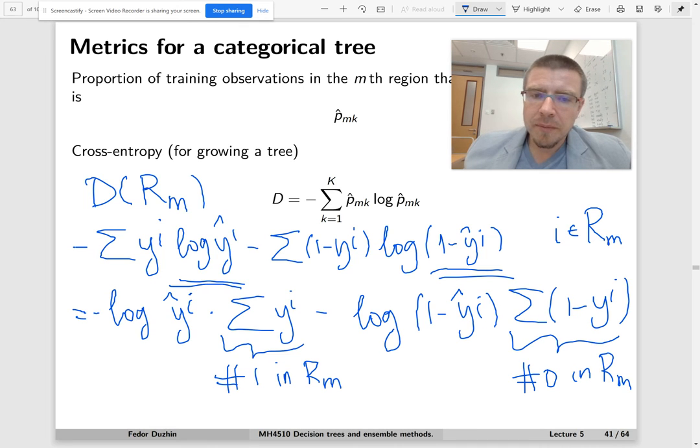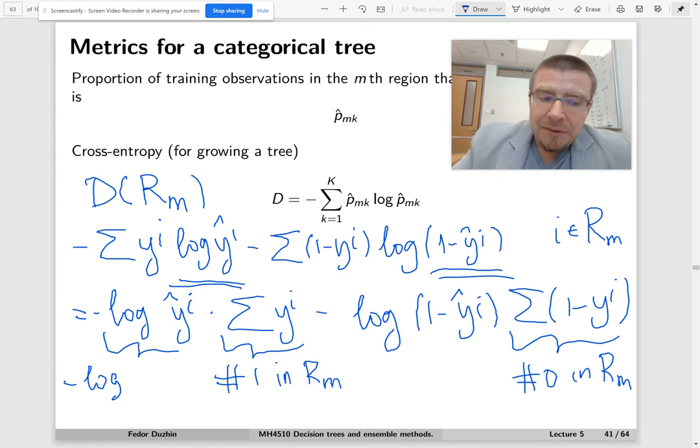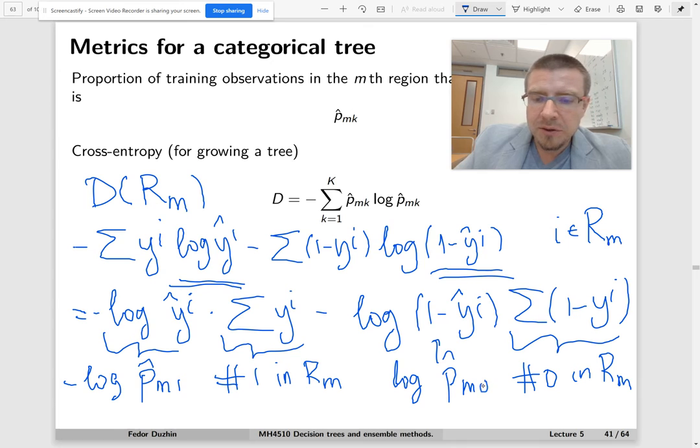All right. And the logarithm is actually minus the logarithm of y hat. It's just the probability. So this is actually the probability that, given that we are in the mth region, we classify our observation as 1, and this is the logarithm of p hat m0 with a minus sign, right?